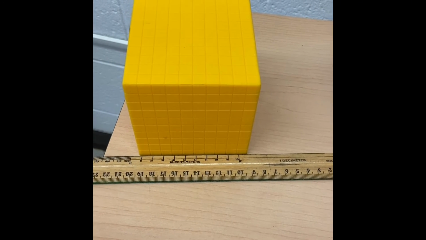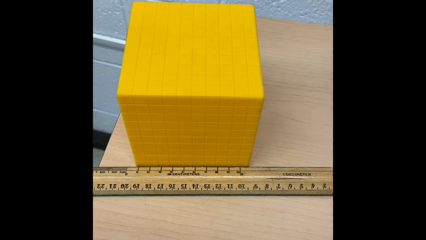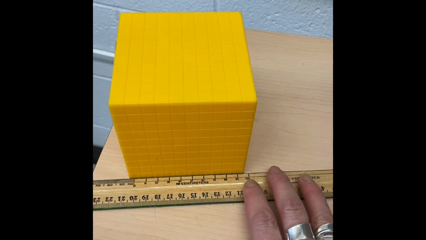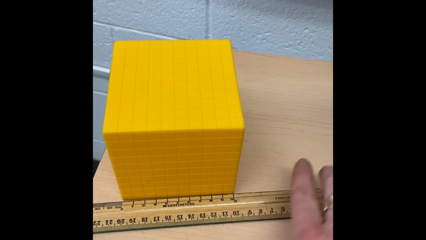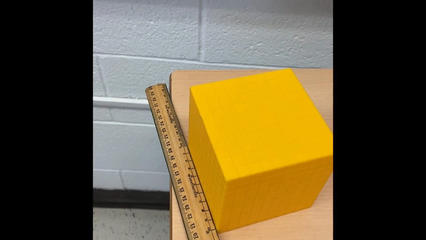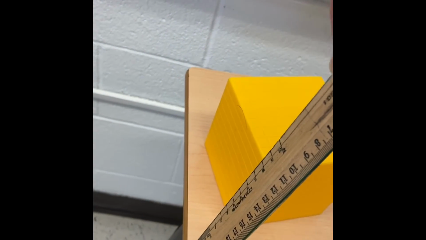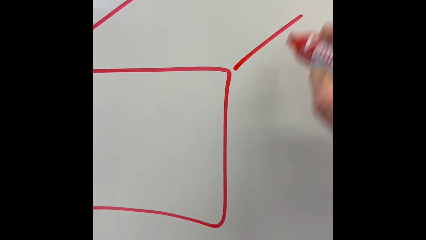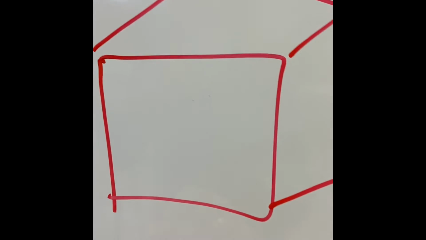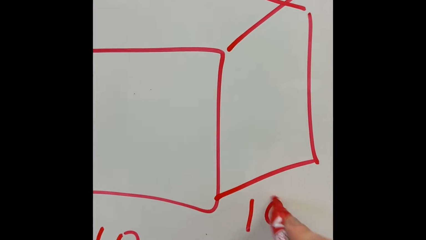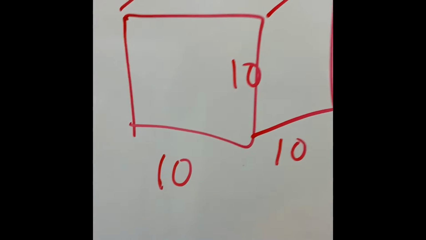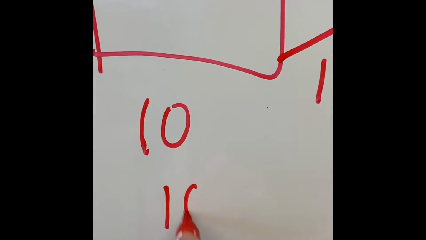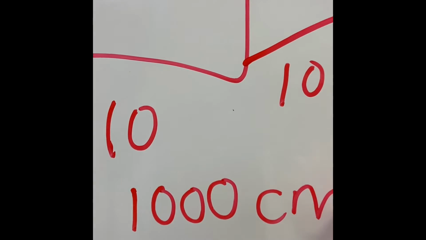I thought that 1,000 centimeters cubed was a good estimate until I came to school and I found this really big cube. And this cube is 10 centimeters long, and 10 centimeters wide and 10 centimeters high. So it's 10 by 10 by 10. I knew that this cube right here is 1,000 centimeters cubed.